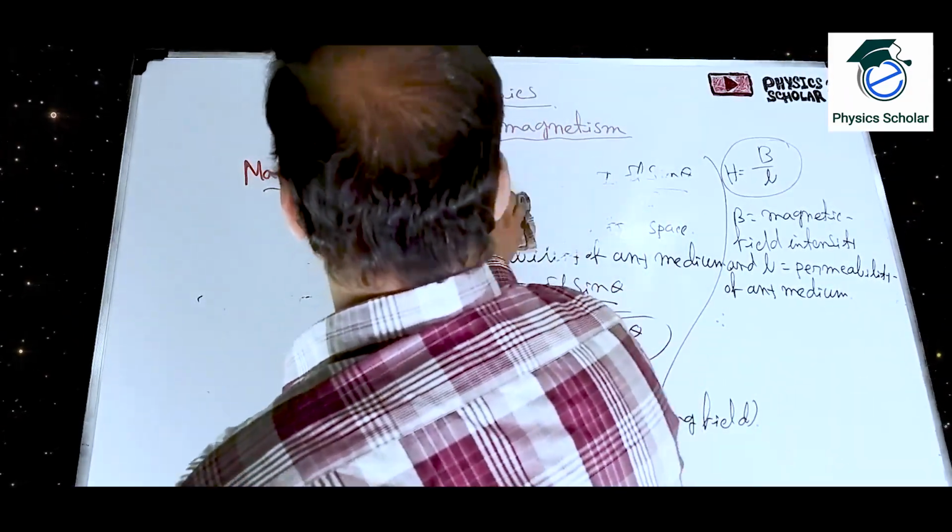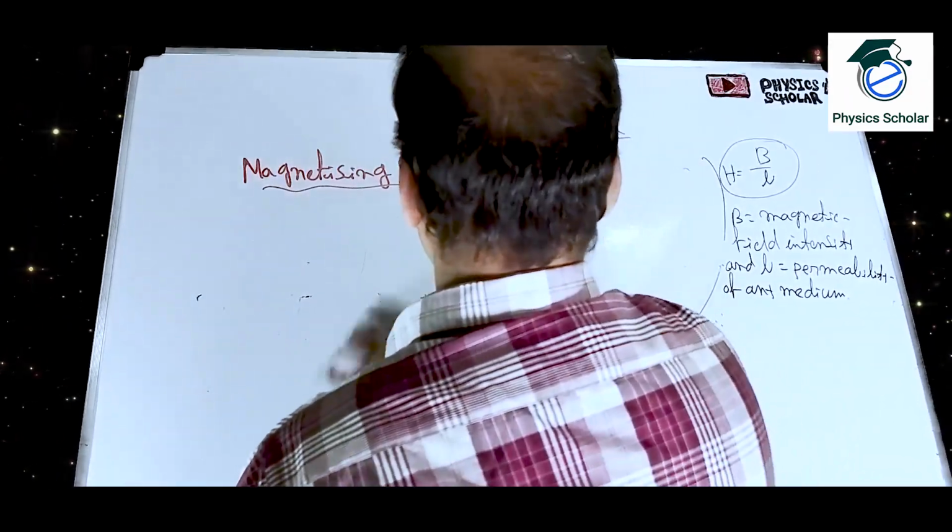So this is known as the magnetizing field. What can we write as a definition?